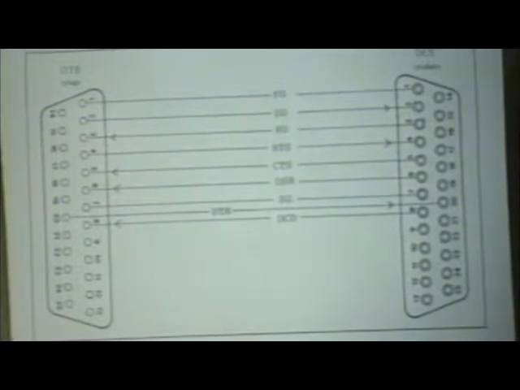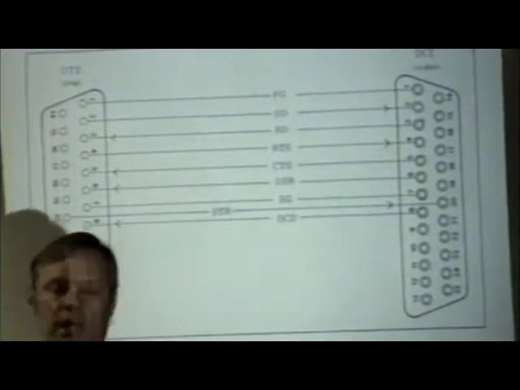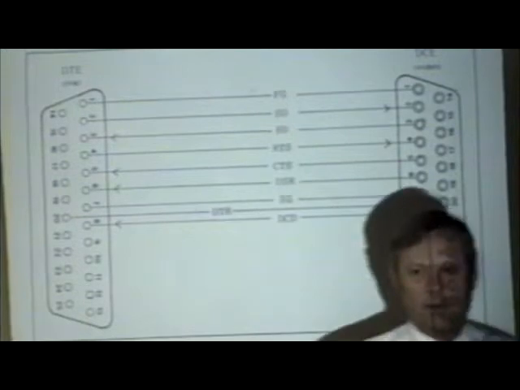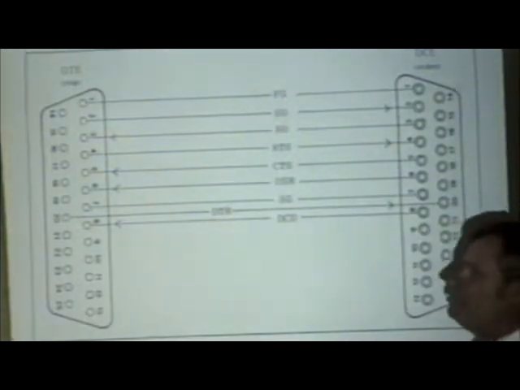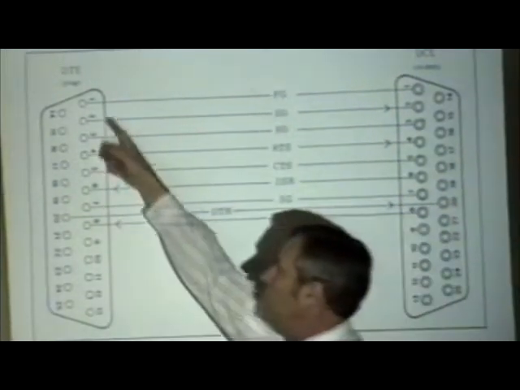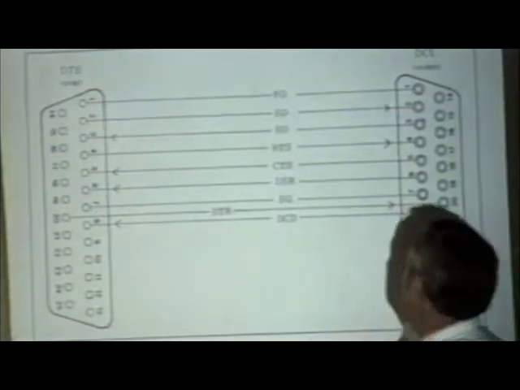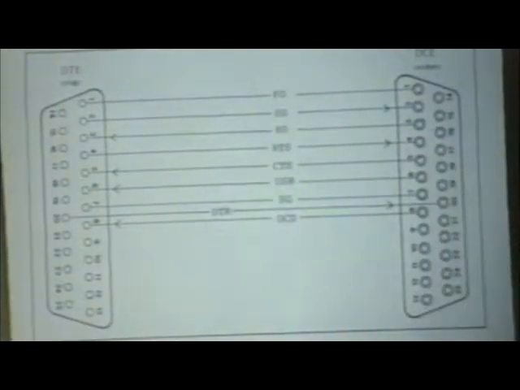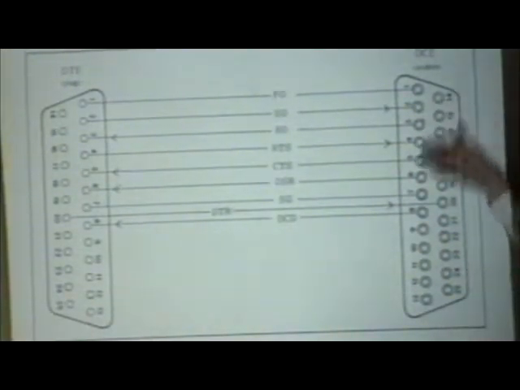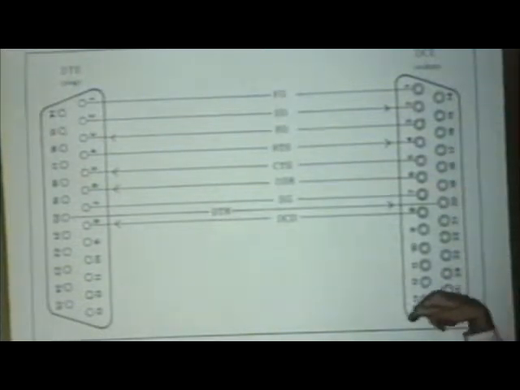This computer thinks the TNC is a modem, okay? So there is a definition or a standard so that all computers can talk to all modems, or all TNCs in our case. And like I say, it's an electrical standard, not physical. You will normally see a cable with plugs that have this shape and have 25 pins in it.